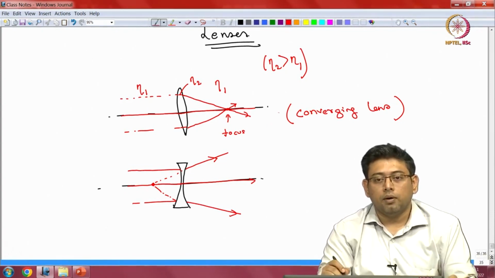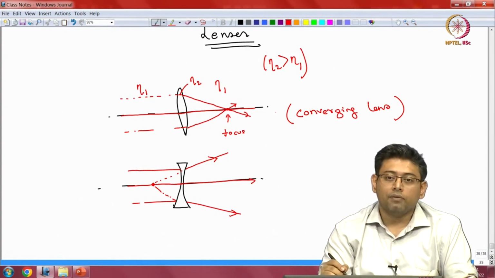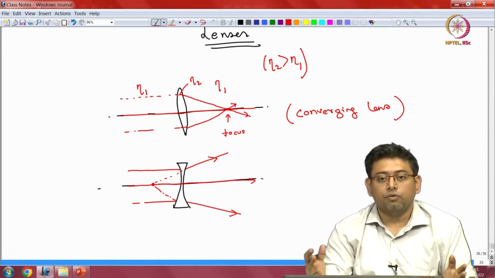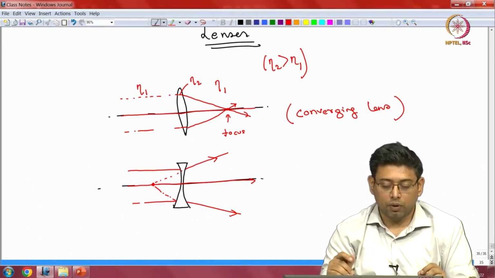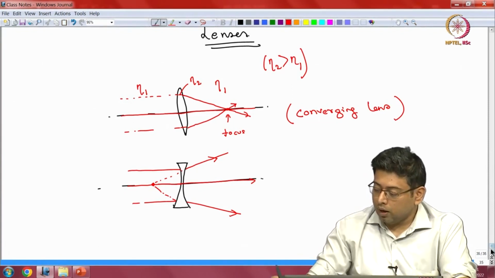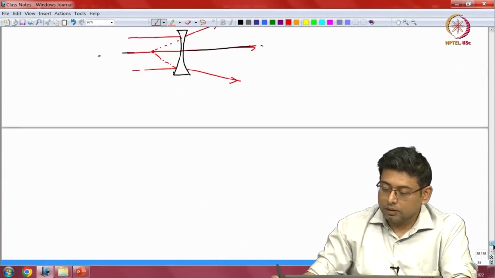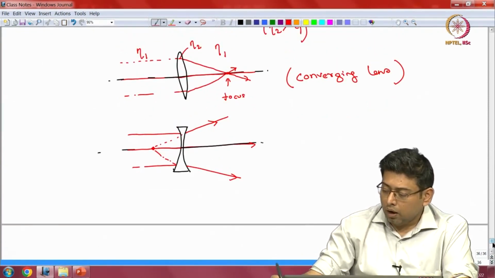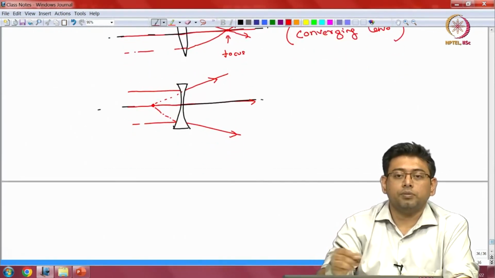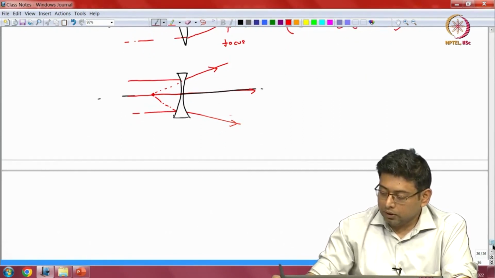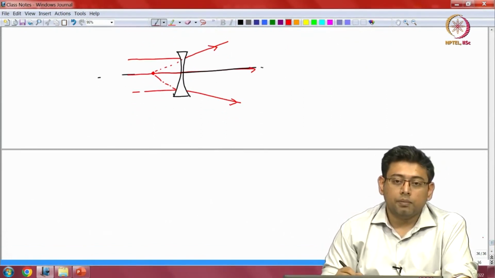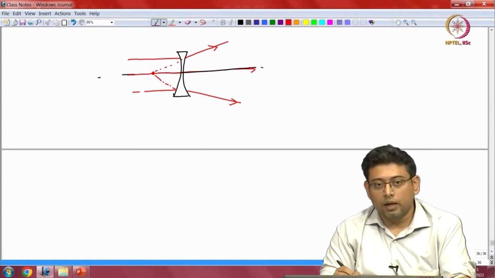Obviously in a realistic scenario, what we today have are a set of many different lenses put together, and when you change the lenses with respect to each other, the overall properties of the optical system also change. But all these can usually be understood with respect to these simple elements of the converging and the diverging types of lenses.